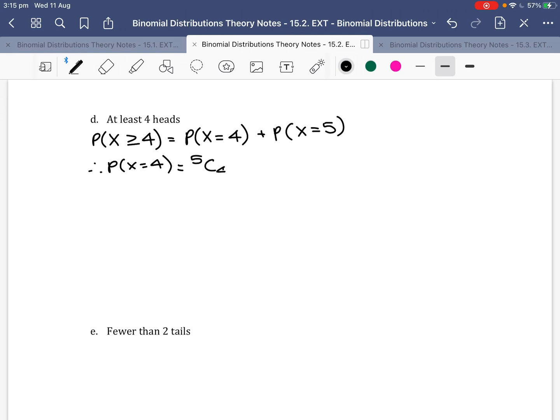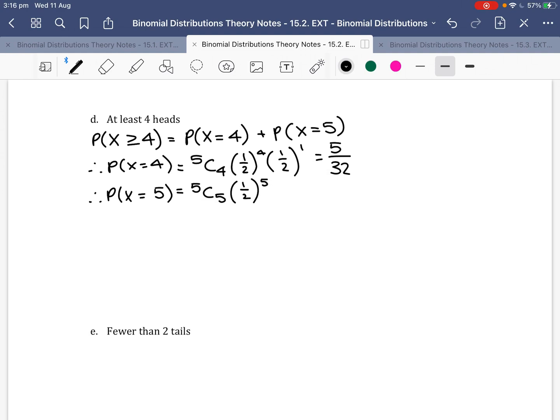So this is 5 choose 4, a half to the power of 4, and a half to the power of 5 minus 4, which is 1. When we put that into our calculator, we get 5 over 32. Then we need to find the probability that X equals 5. That means we get 5 heads, so 5 choose 5.